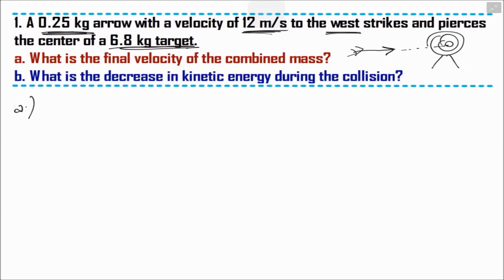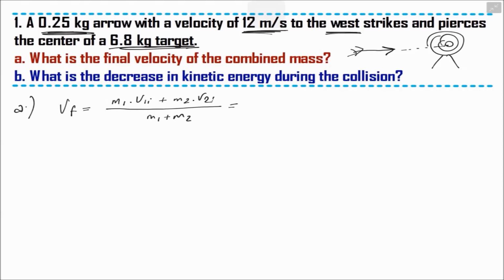At the A we have to use the formula v final equals m1 times v1 initial plus m2 times v2 initial over m1 plus m2.